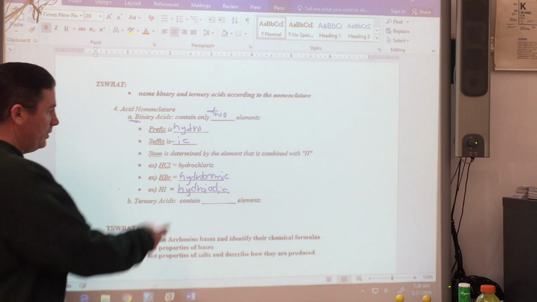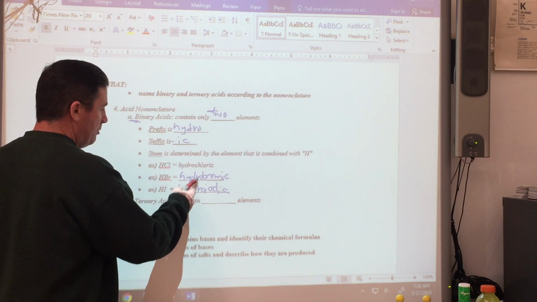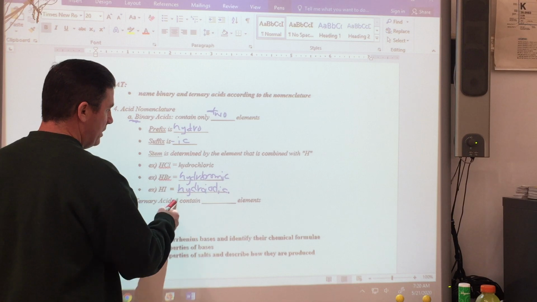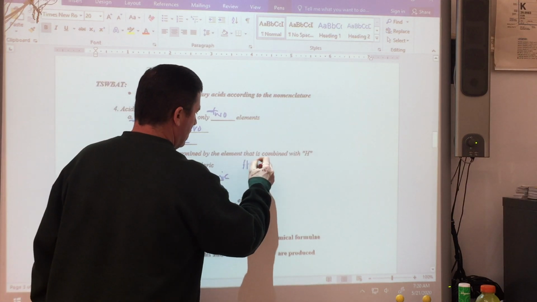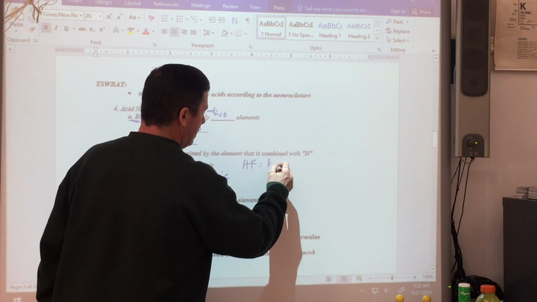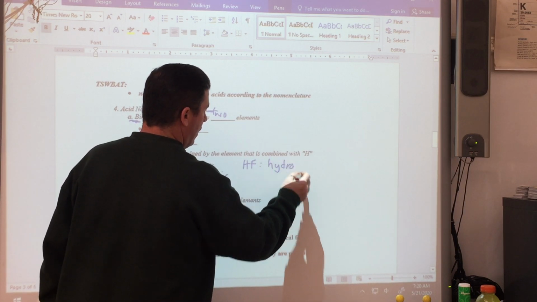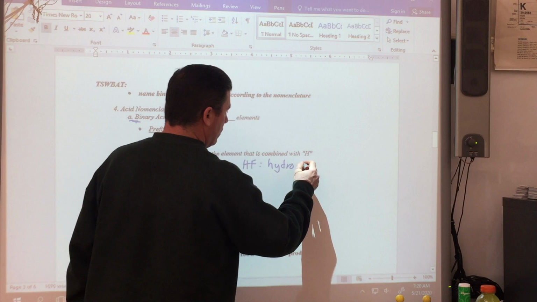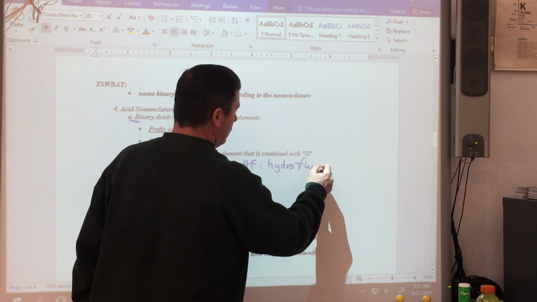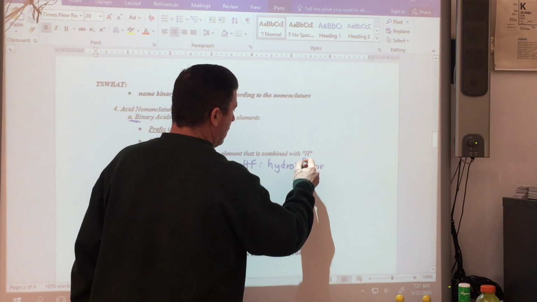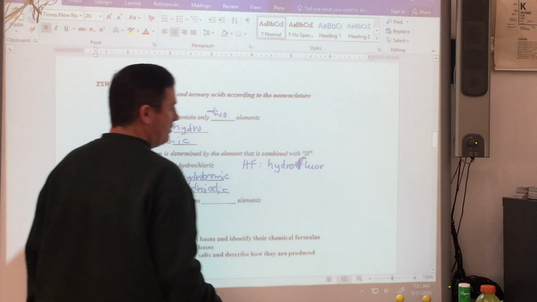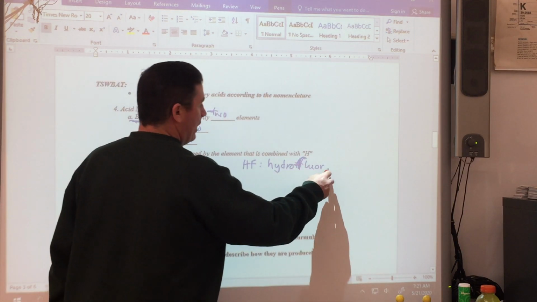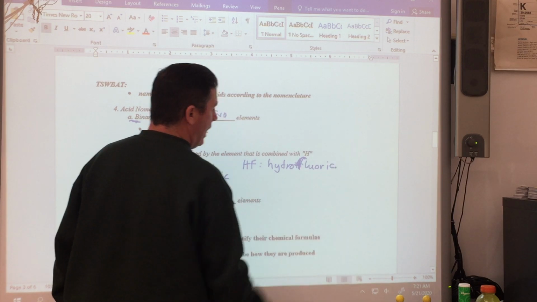Okay, so start it with hydro, put the root word, and then ic. How about this one? HF. Hydro to start off with. F is fluorine, so that's fluor. Hydrofluor, and then I end it with ic.